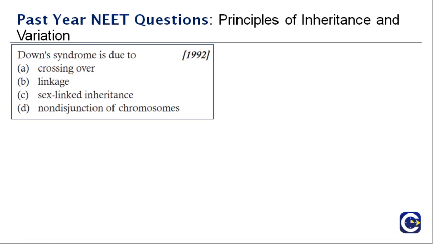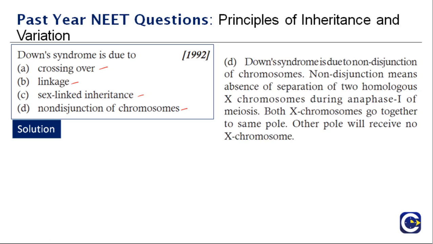Down syndrome is due to crossing over, linkage, sex-linked inheritance, or non-disjunction of chromosomes. So what is Down syndrome? It is trisomy of chromosome 21, three copies. So it is present due to non-disjunction of chromosomes.